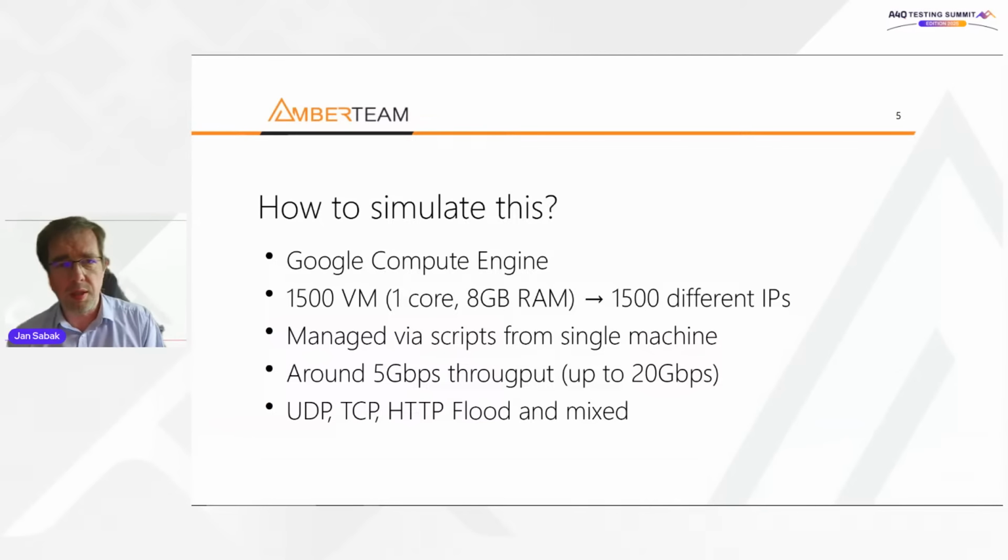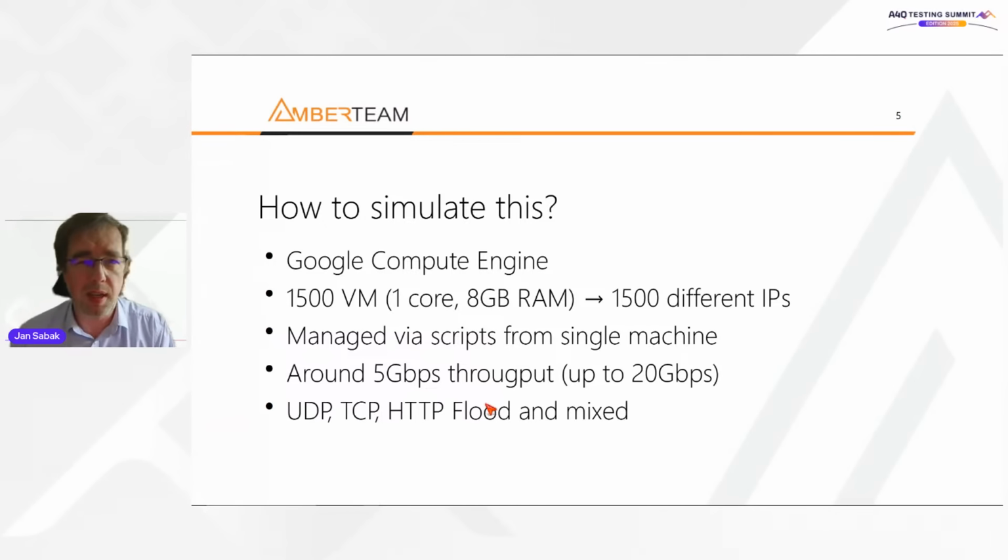Of course, we need to start all these attacks simultaneously. So it's not like I am starting the attack machine by machine, typing some commands. I will show you the scripts in a minute. So generally, we are doing this via scripts. And we are using around 5 gigabits per second throughput because, as I mentioned earlier, usually attacks are from 1 gigabit per second to 10 gigabits per second.